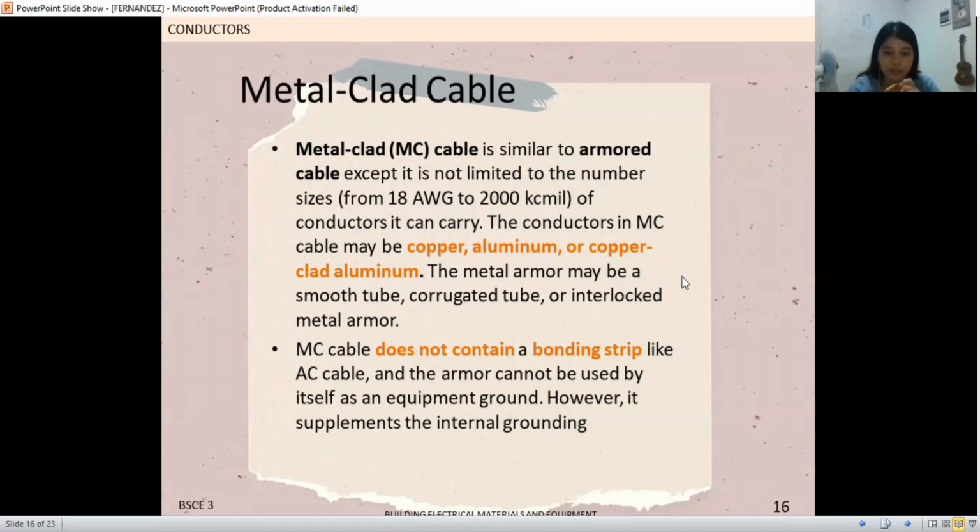The metal armor may be smooth tube, corrugated tube, or interlocked metal armor. So MC cable does not contain a bonding strip like AC cable, and the armor cannot be used by itself as an equipment ground. However, it supplements the internal grounding.